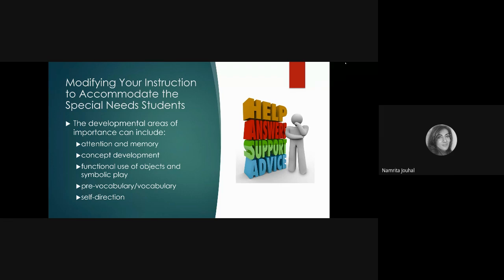For example, what should the teacher be doing for attention and memory, and for concept development, other than what she does for the normal class? And for the functional use of objects, how will they use certain objects which may be used normally, when students with special needs are not very good at handling the objects given to the whole class?